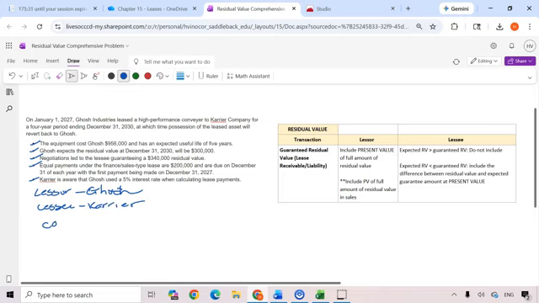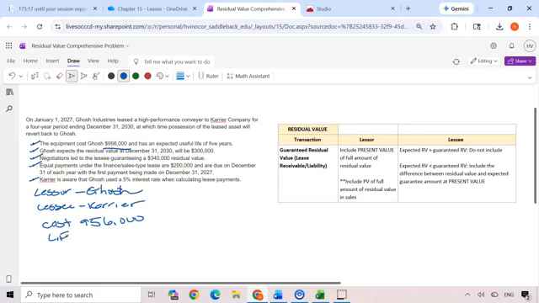I know that the cost of this machine is $956,000, and it doesn't tell me when it was acquired, so I'm just assuming it was acquired on January 1. Because it doesn't say otherwise, there's no accumulated depreciation to be concerned about.